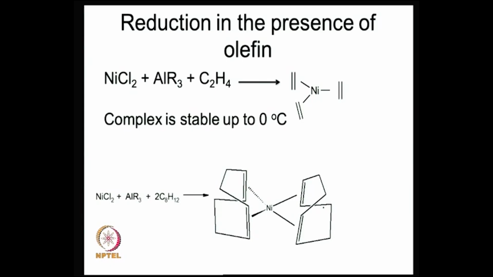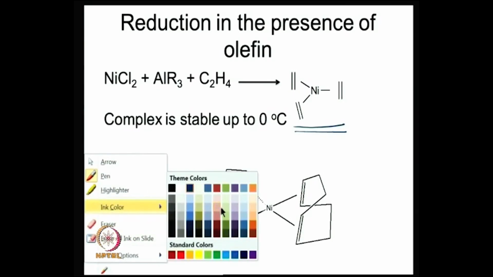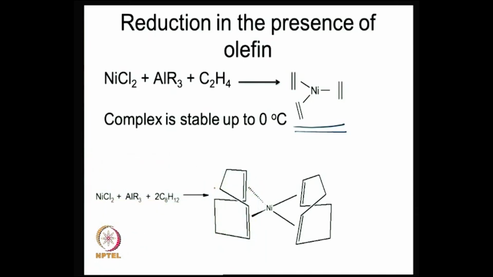So, it is possible in a few instances to prepare homoleptic complexes with olefins, and one example is when you can reduce nickel dichloride with trialkyl aluminum, and when you do that in the presence of ethylene, you can prepare a tris ethylene complex of nickel. Unfortunately, this complex is not extremely stable and is stable only up to a temperature of 0 degrees centigrade. So, this is useful, but nevertheless it is not a stable system.